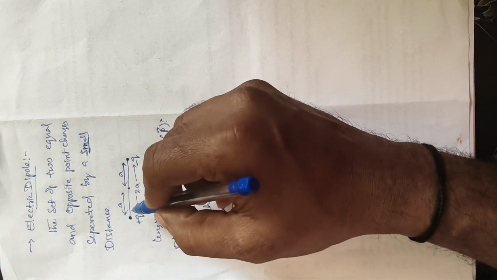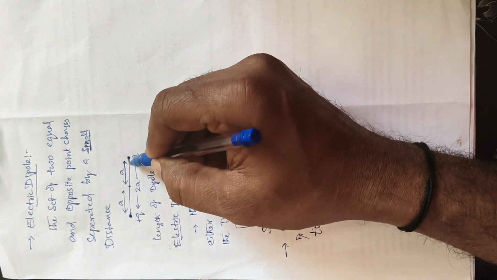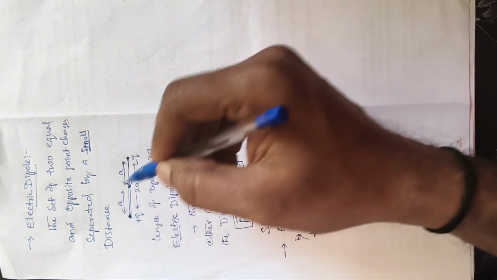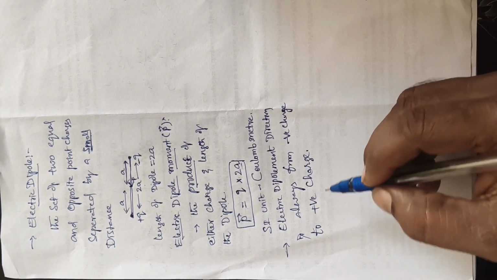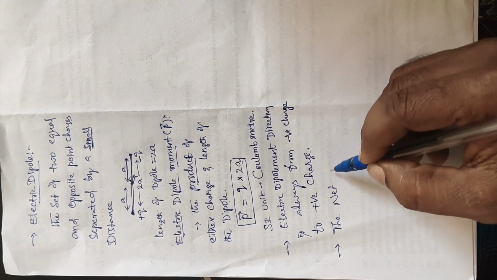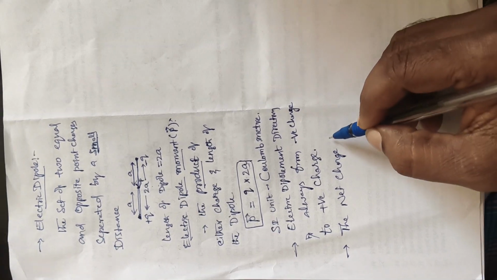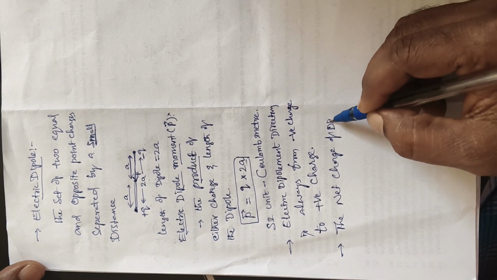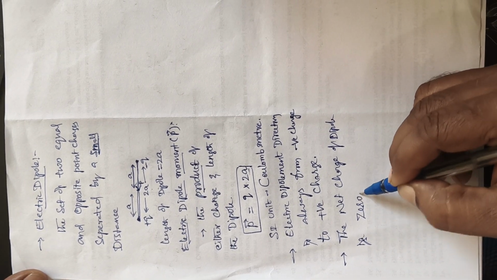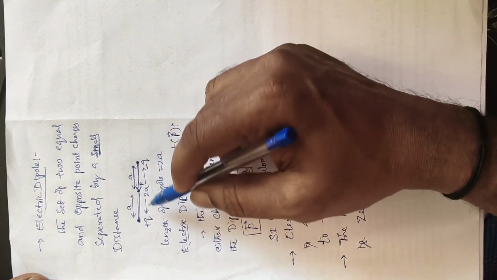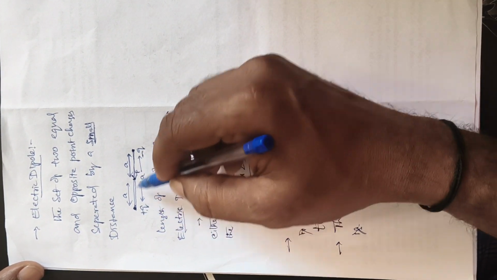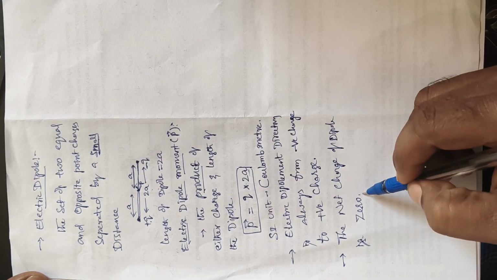So the direction of dipole moment is negative to positive charge, right? So next, the net charge of dipole is what? 0. Why? Net charge means addition of two charges. One is positive charge, another one is negative charge. So in that addition plus and minus cancel each other. That's why 0 only will come.